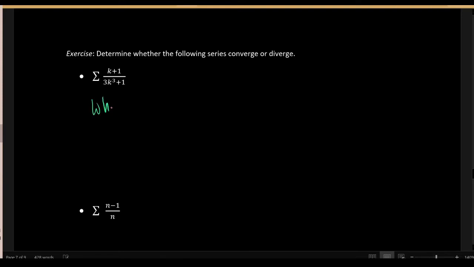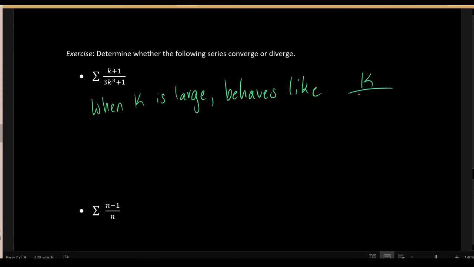Now, when k starts to get large, this fraction begins to behave like the leading term on the top, k, and the leading term on the bottom, 3k cubed, which simplifies to 1 over 3k squared, which is just a constant multiple, 1/3, times the p-series, 1 over k squared.